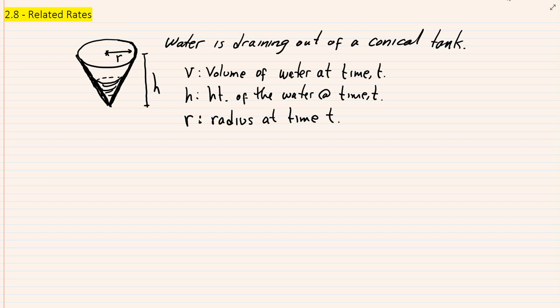Okay, so here I have an example. This is an example of an inverted right circular cone, and suppose the water is being drained from the bottom of the cone. Suppose there's a tiny hole near the bottom here that drains the water out. And for this situation, let's say we want to know the rate of change of volume over time.